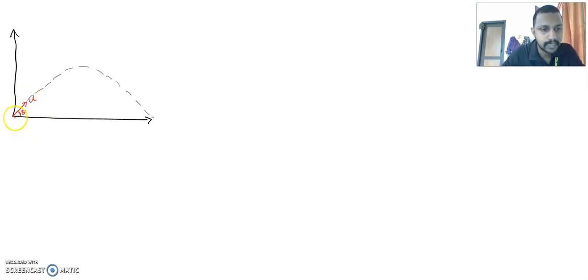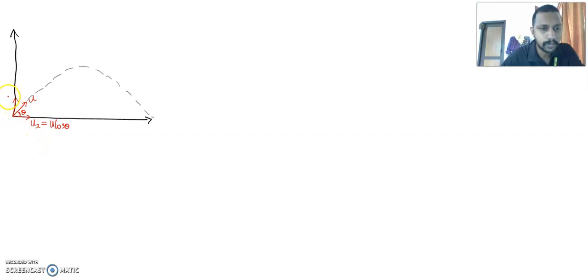Then let me resolve this initial velocity u into two components, as we know about resolution of vectors. This is our ux component and you know it is u cos theta.